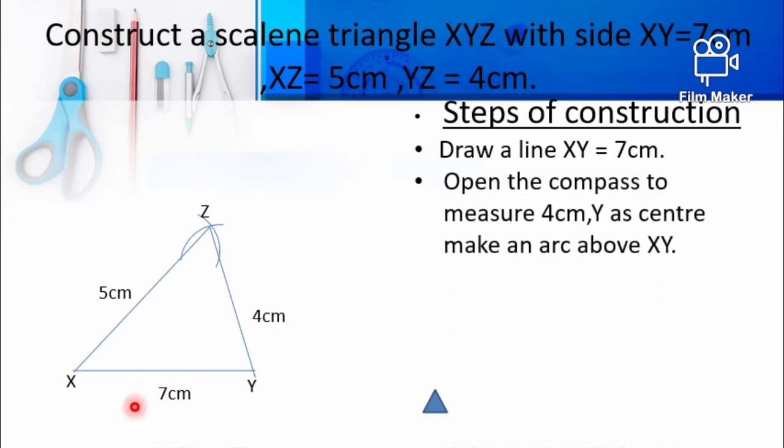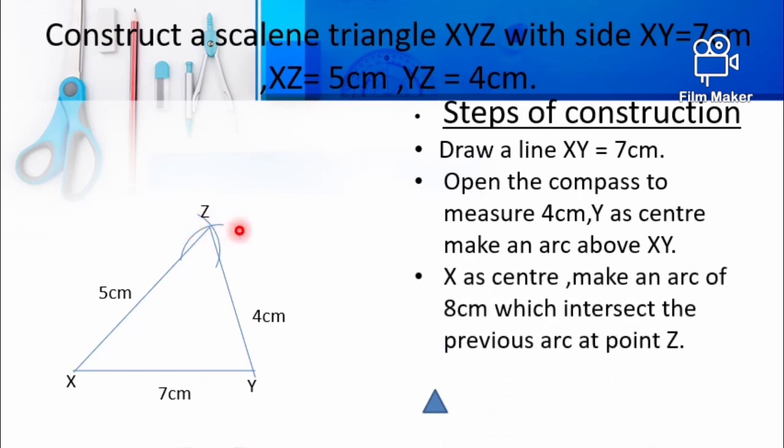In the second step, open the compass to measure 4 cm and with Y as a center, make an arc above XY. This is an arc of 4 cm. Then with X as a center, make an arc of 5 cm which intersects the previous arc at point Z.